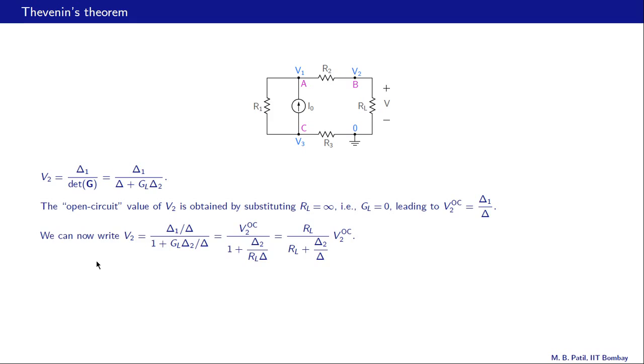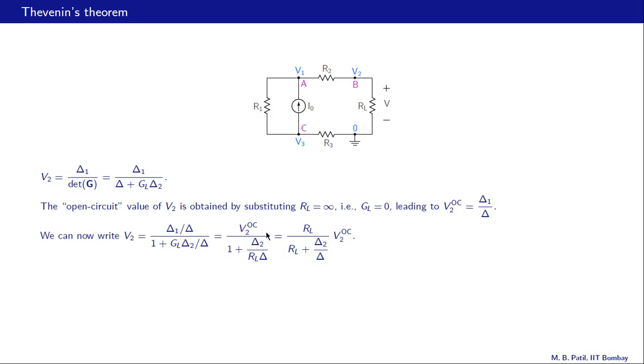We can now rewrite V2 by dividing both the numerator and denominator by delta. So in the numerator we get delta 1 divided by delta. In the denominator we get 1 plus GL times delta 2 over delta. Now delta 1 by delta is nothing but V2 OC, V2 open circuit.